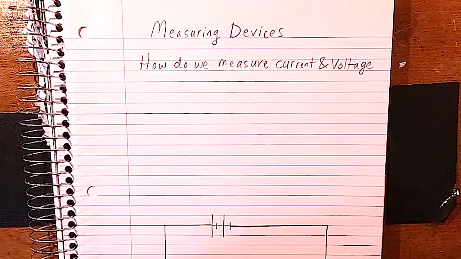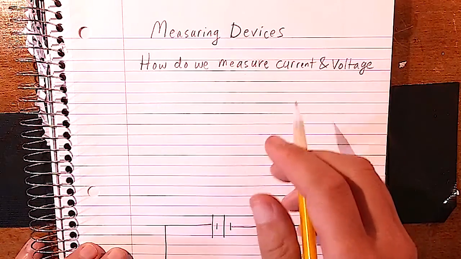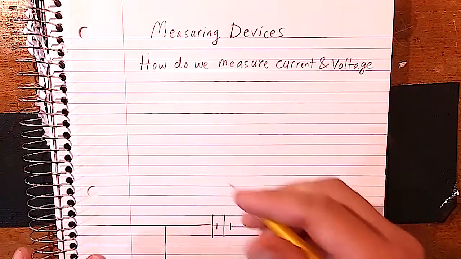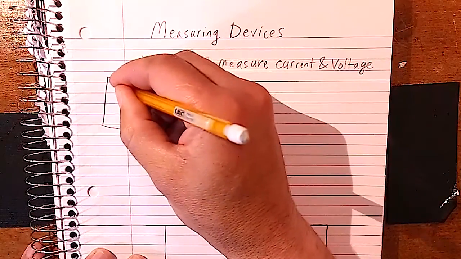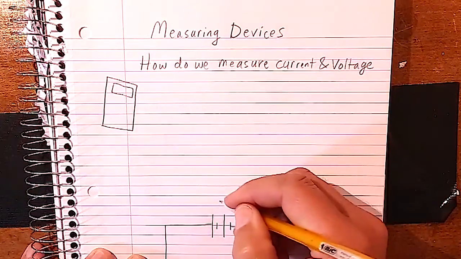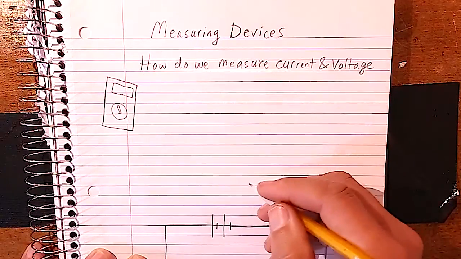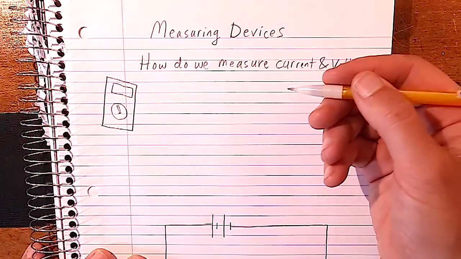So in a real circuit, we need to take some type of device and measure current and voltage. In the old days, there were voltmeters and ammeters that were separate devices. But now, there is a device called a multimeter, and it has a little screen readout, and it has a dial, and you can switch that dial to measure current and you can measure voltage.